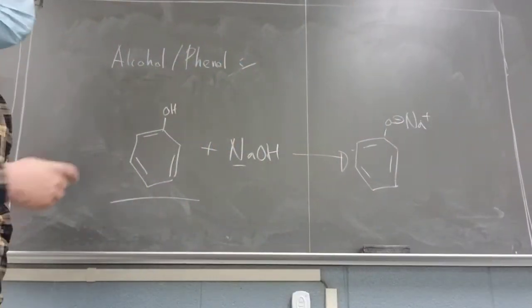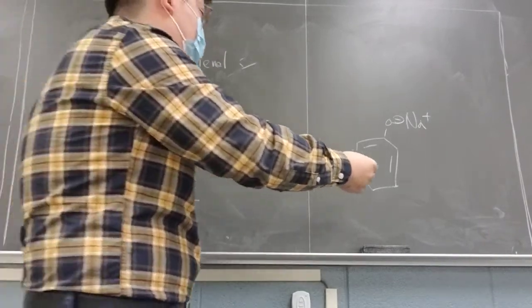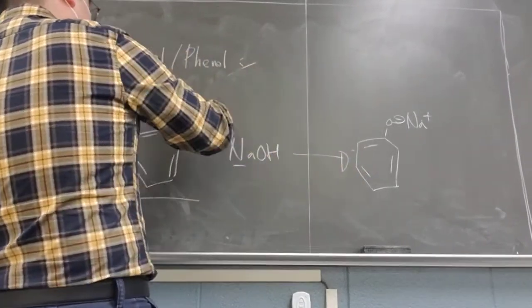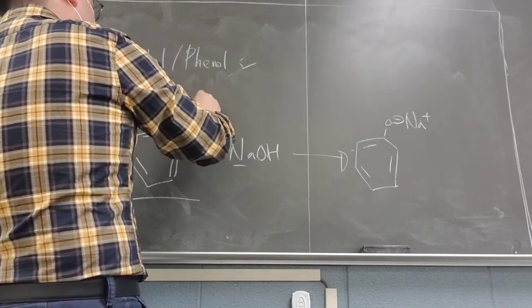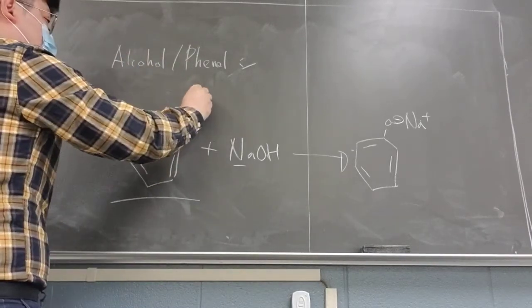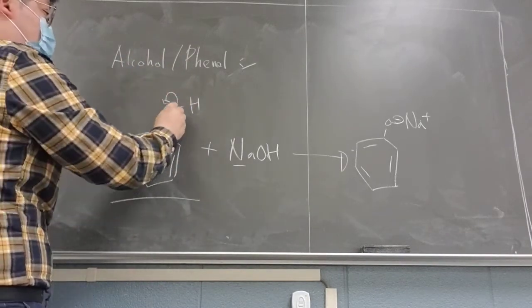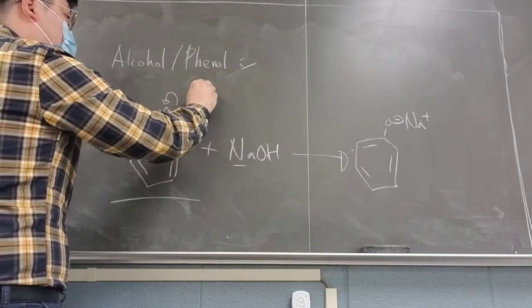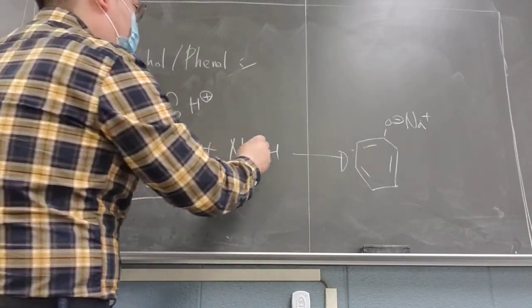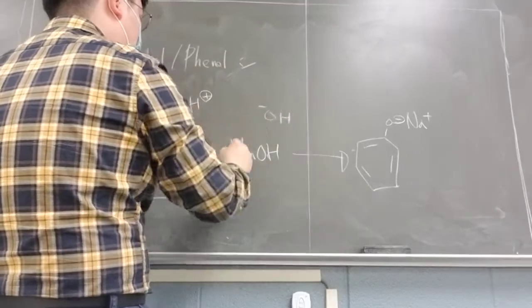Alkali metal hydroxide is a very strong base. And then, as you know, this breaks apart. So this is what actually happened, right? That's why it becomes positive. Then this hydroxide.